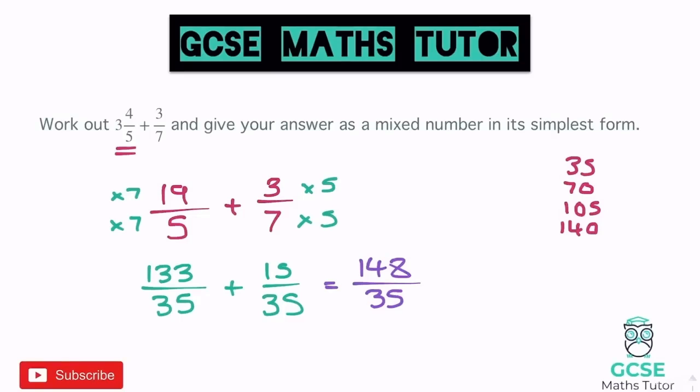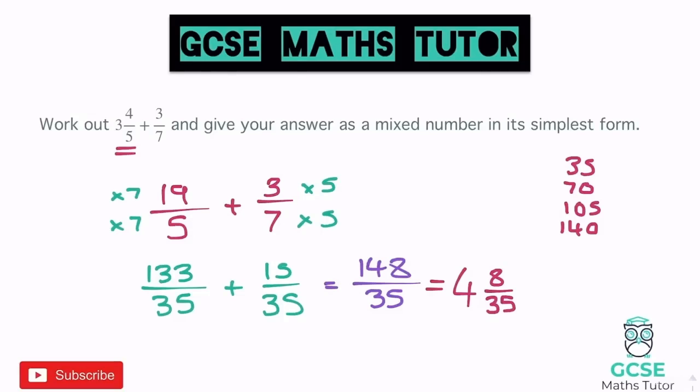So we know that 35 goes in 4 times, so that's a big 4, and what's left over from 140 to 148 is an additional 8 35ths. There we go, so 4 and 8 35ths.